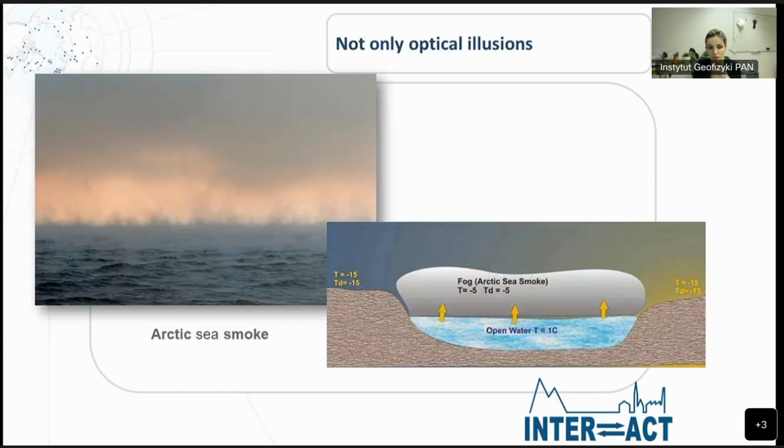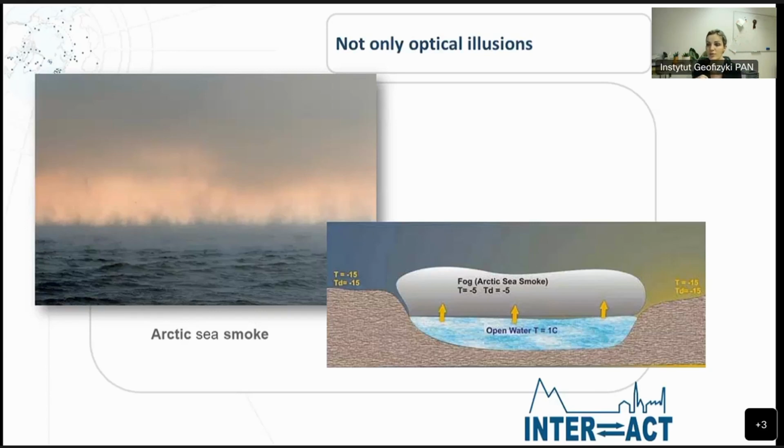And actually, one condition that needs to be met for this phenomenon to occur is at least 10 Celsius degrees difference of temperatures. So the air must be at least 10 Celsius degrees colder than the water surface. So then the saturation state is exceeded, and this vapor condenses immediately.